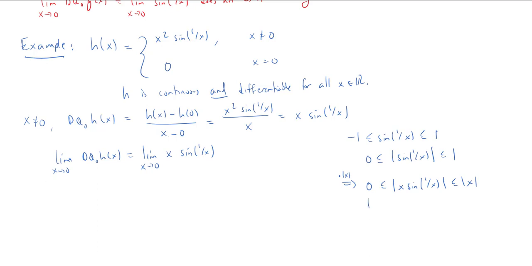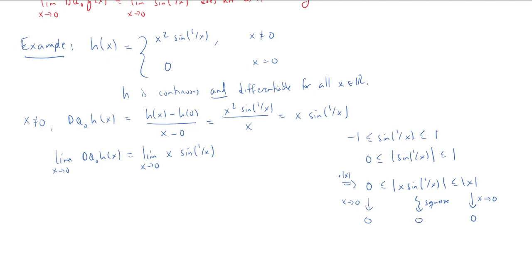Now, 0, of course, as x goes to 0, doesn't do anything. It stays 0. And also the absolute value of x as x goes to 0 goes to 0. And therefore, by the squeeze theorem, the absolute value of the product of x and sine of 1 over x also has to go to 0.